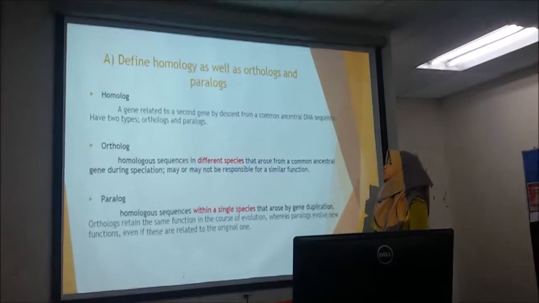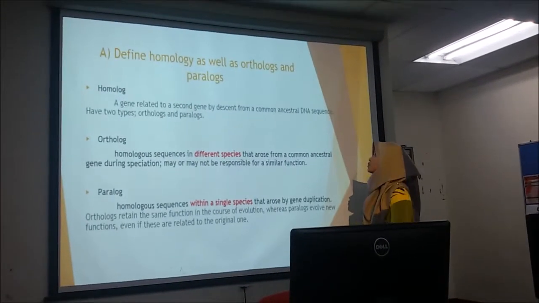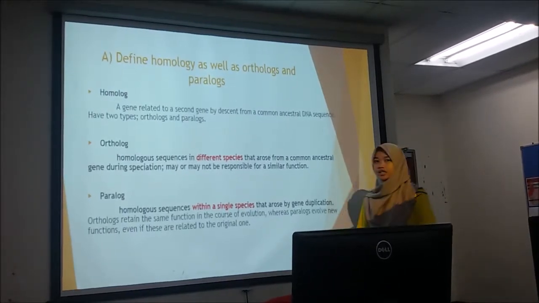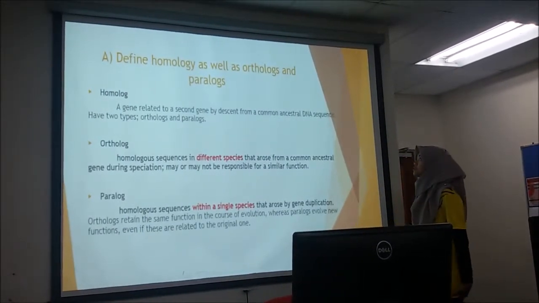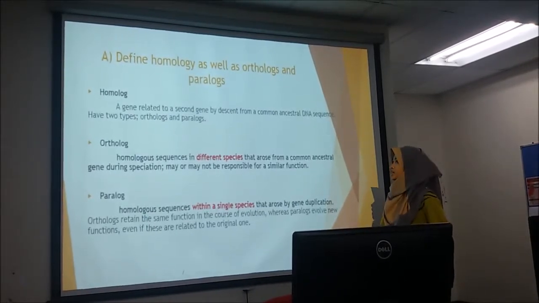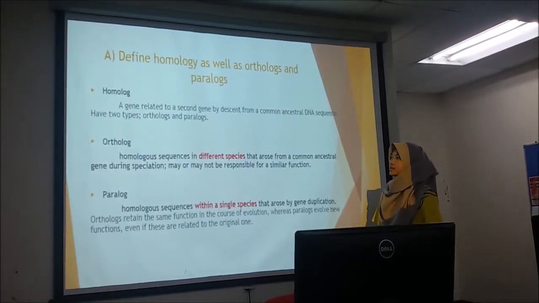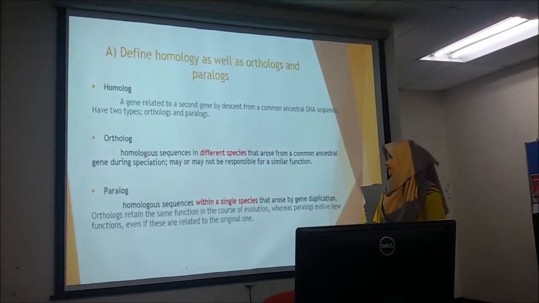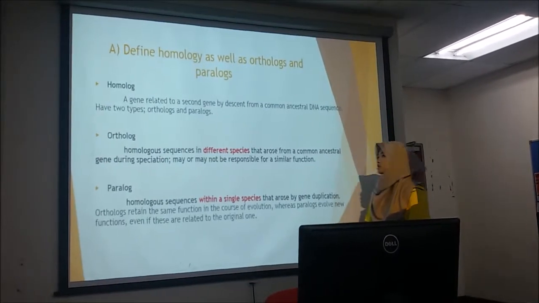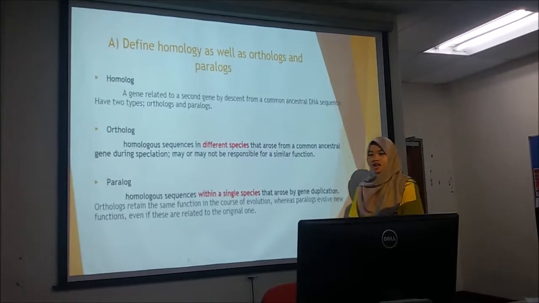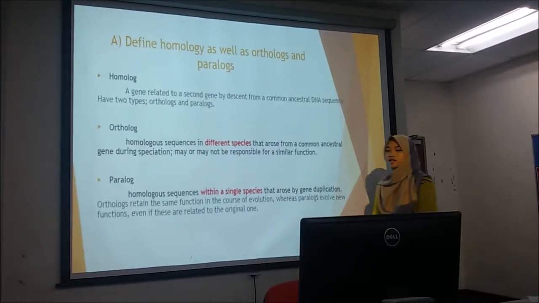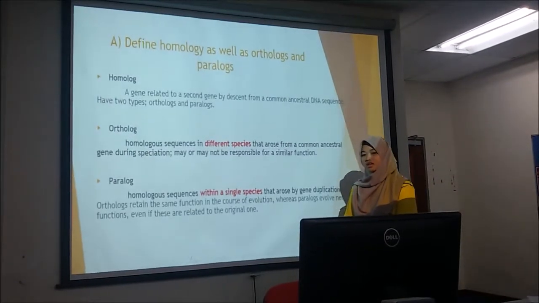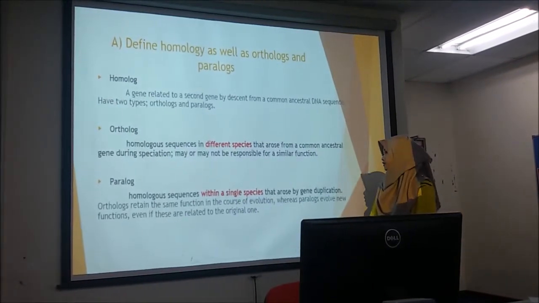Okay, so this is the definition of homology, orthologs, and paralogs. First, a homolog is a gene related to a second gene by descent from a common ancestral DNA sequence. These homologs have 2 types, that are orthologs and paralogs. Orthologs are homologous sequences in different species that arose from a common ancestral gene during speciation that may or may not be responsible for a similar function.